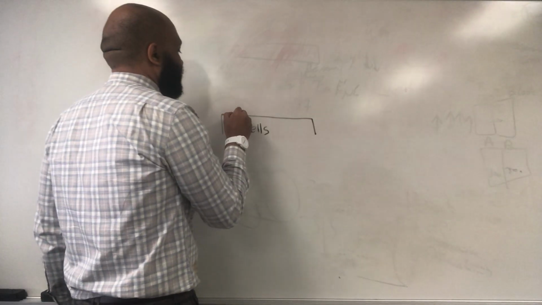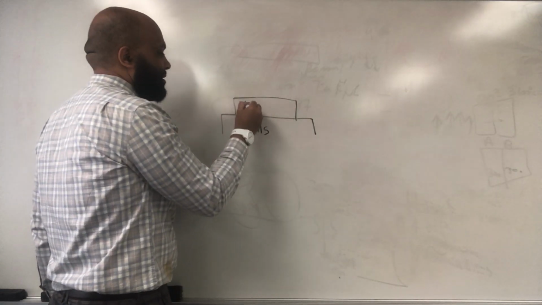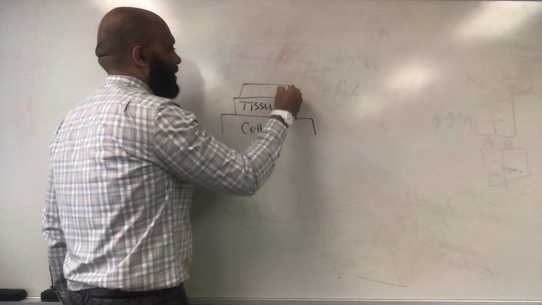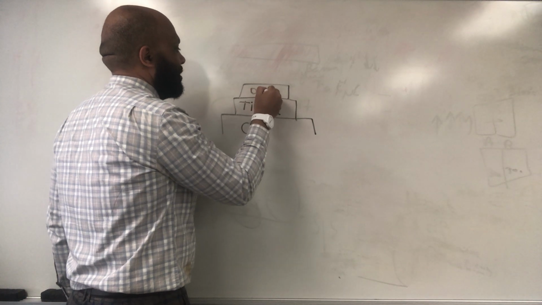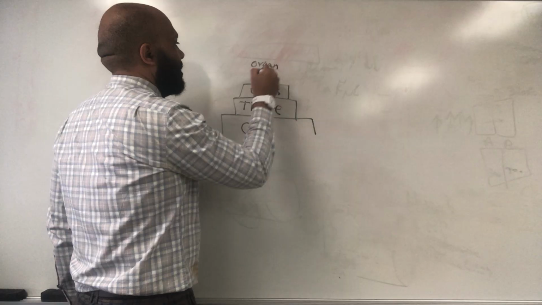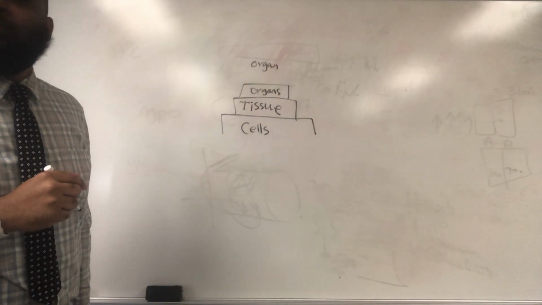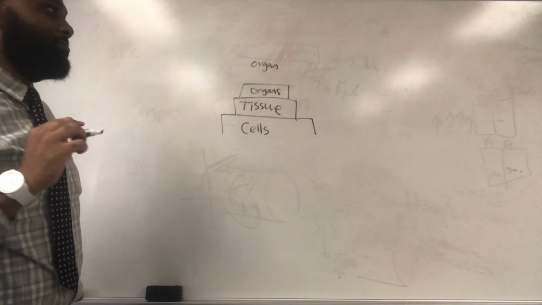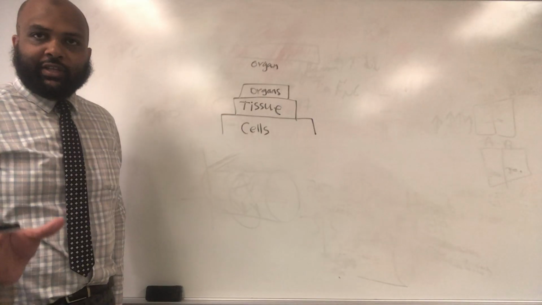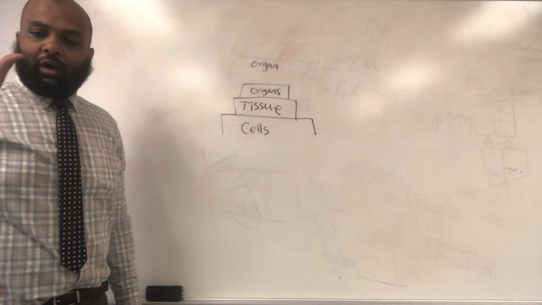So we move on from cells, and many cells together give us tissue, and many tissues together give us organs. Meaning I have an epithelial tissue, I have a liver, so organ, a liver, a heart.